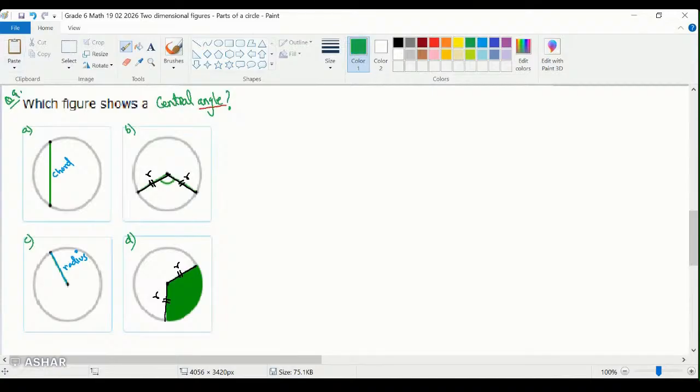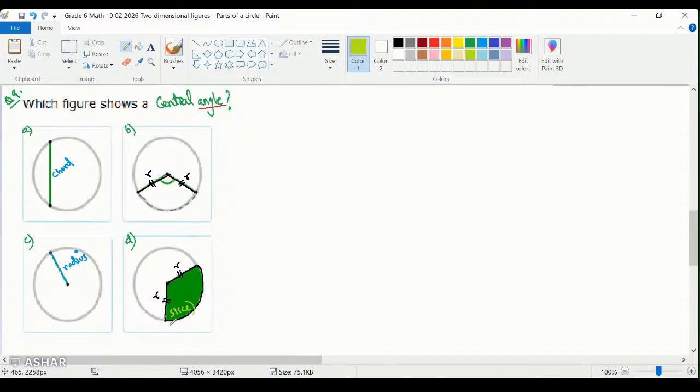How do we differentiate? Does option B look like a slice? No, it does not, because this side is open. It's not closed. Agreed? But this shape is a closed shape, right? So this looks like a slice.